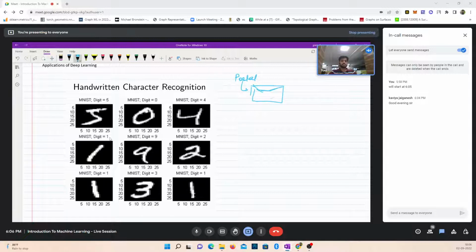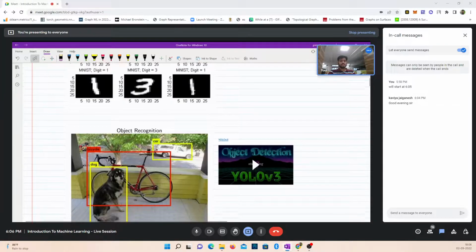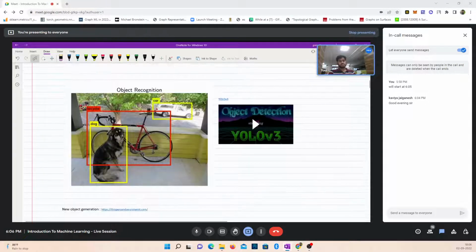One of the earlier applications is to read handwritten digits and predict what the digit is. One more application is object recognition. If you are given a figure, you have to recognize which object is present. I want to play a small video. I'm not sure if sound would be audible to you or not, but I'll try.